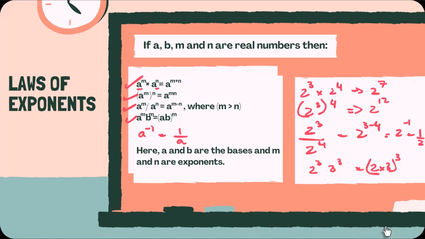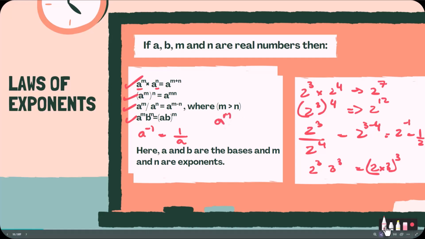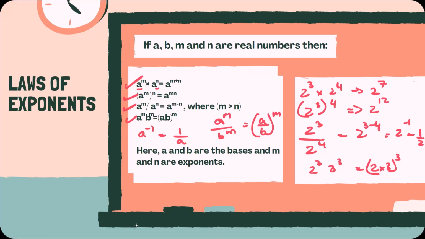Even in division also. Let me write the next one. That is a raised to m by b raised to m is what? A by b, the whole raised to m, right? I can write like that. So these are the different laws of exponents. Once we do the questions, you'll get much better understanding of how you can use this in real numbers.